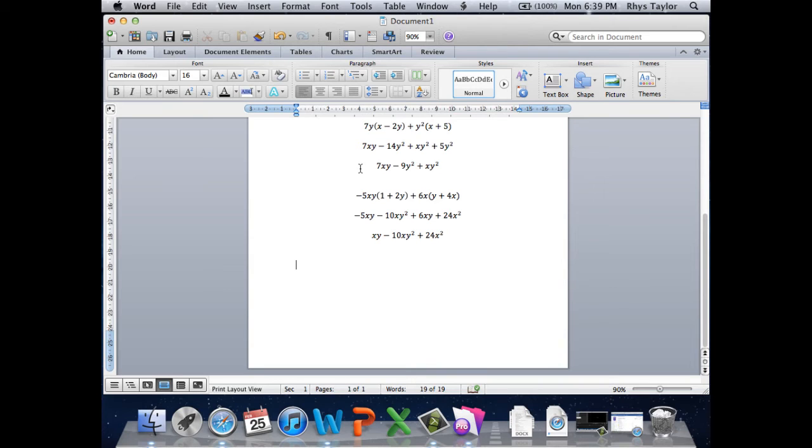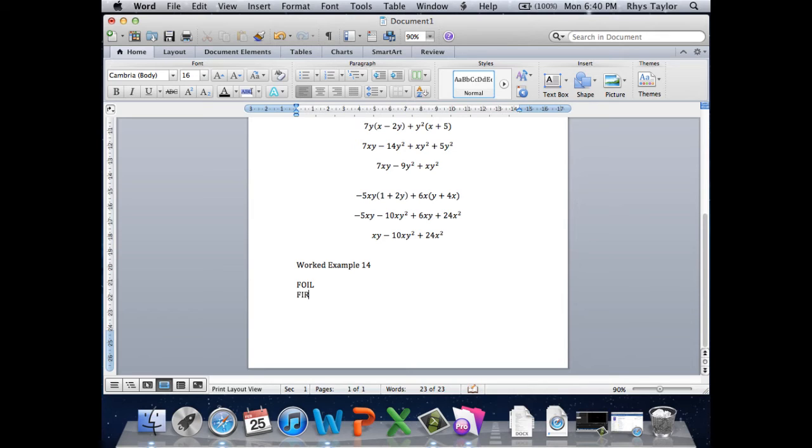Alright, worked example 14. Let's go. Now, this one's tricky. There's a special little idea that goes along with this. It's called FOIL.